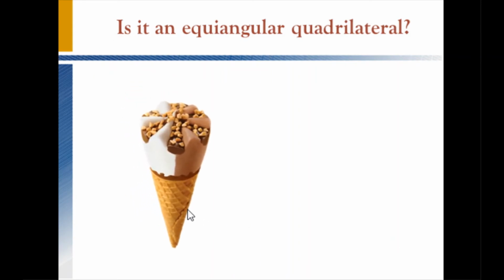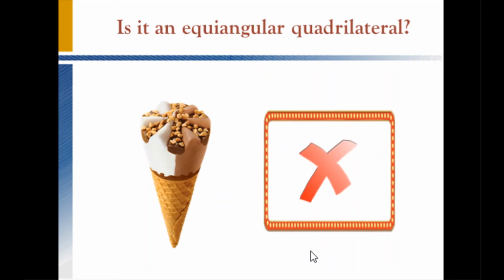How about the next one? What picture is this? It's a cone of ice cream. Is a cone of ice cream an equiangular quadrilateral? Yes or no? Check or X? Okay, very good. It is not an equiangular quadrilateral.